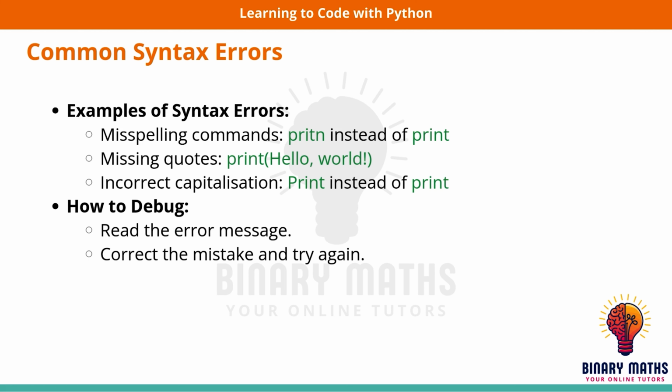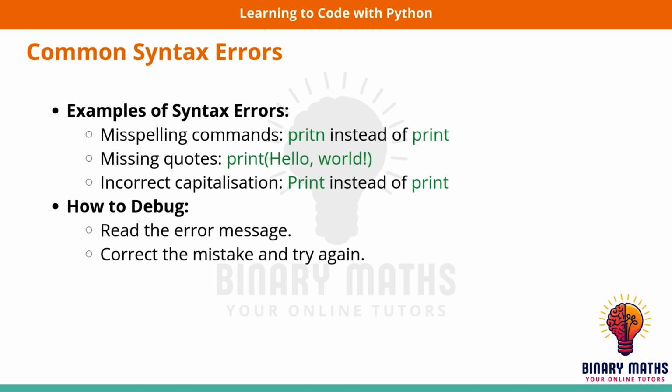Syntax errors are common when you're learning to code, but understanding how to identify and fix them is crucial. Some typical syntax errors include misspelling commands, like typing prit and then with an n instead of print.